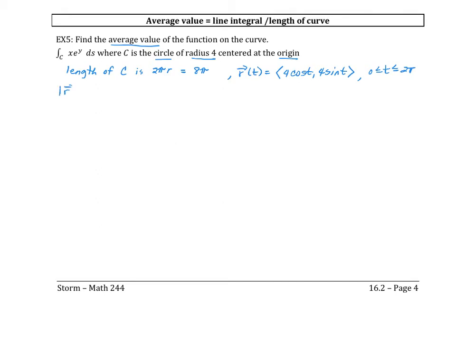Let me compute the derivative of r and then find its magnitude. So the derivative of 4 cosine is negative 4 sine. I'll just put it in here: the square root of negative 4 sine of t squared plus derivative of sine is cosine, so 4 cosine of t squared, which is simply 16 sine squared plus 16 cosine squared.